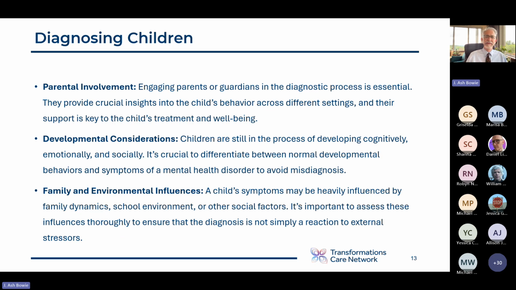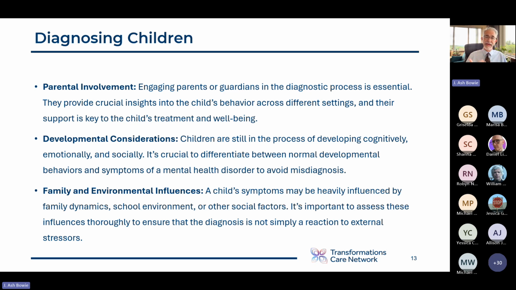So I've talked a little bit about diagnosing children, but kids really do have their own unique challenges in terms of diagnosis. Mostly because unless they're older, maybe 15, 16, 17, you're going to involve parents a lot more, right? A lot of your diagnosis is going to be based on what they have to say.